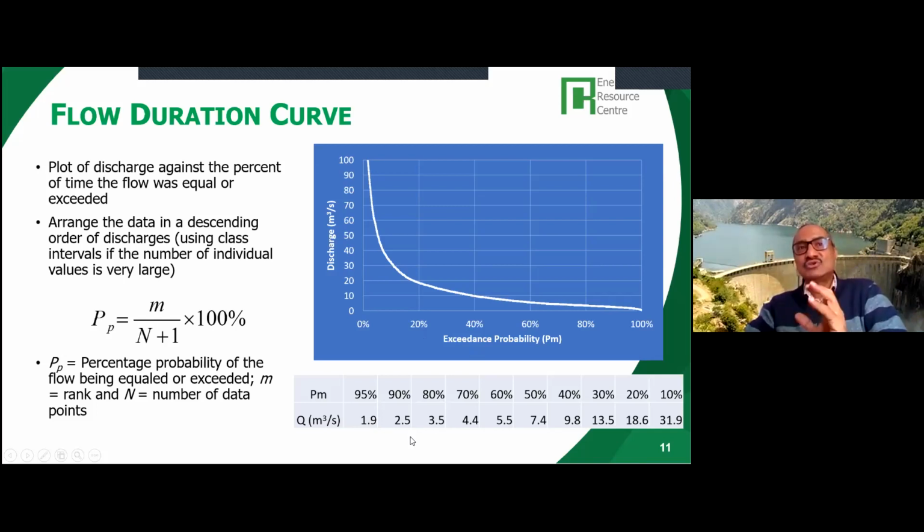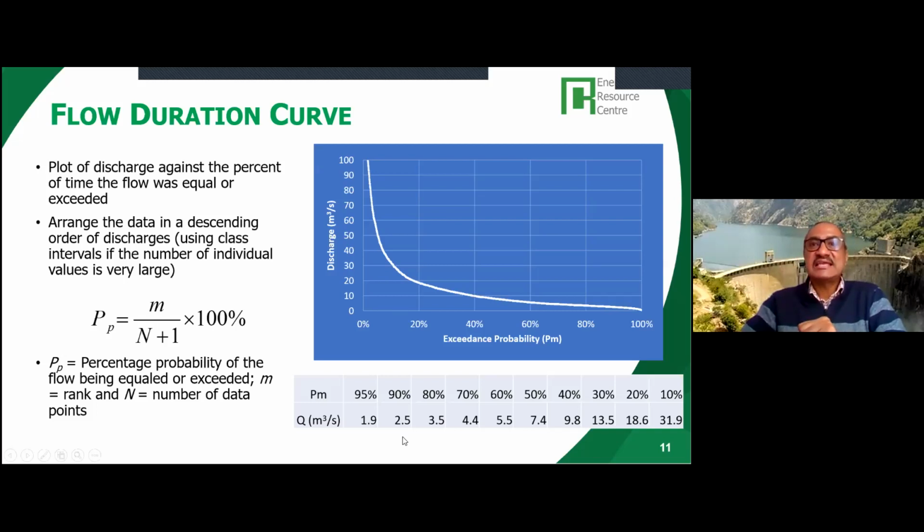So if you want to select now, how much should be the design discharge for a hydropower project? If you select 1.9, then what happens is 95% of the time you will generate to full capacity.